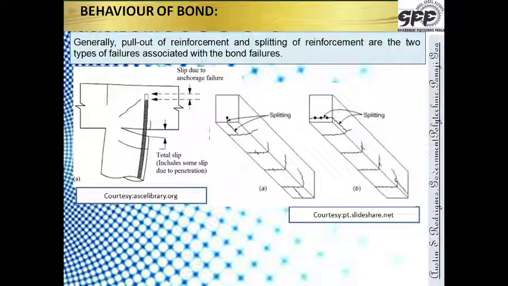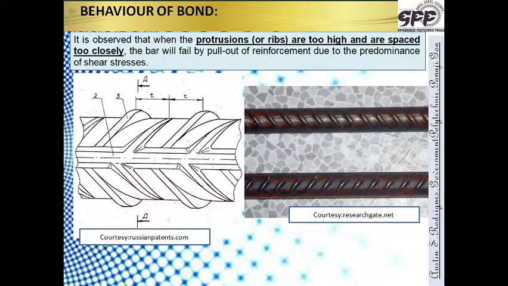First thing, as I've said, the adhesion is over, then the bearing and friction takes over, friction gets over, and then finally the load comes on bearing itself, and the failure can occur because of this. Now it is observed that when the protrusions, the deformations or the ribs are too high and are spaced too closely, the bar will fail by pull out of the reinforcement.